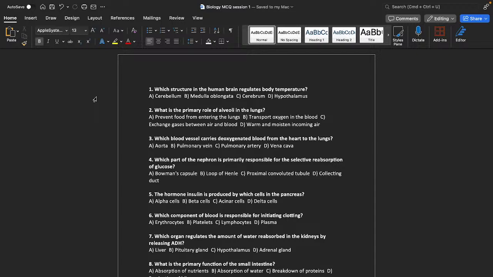Once the blood from the systemic circulation comes into the right atrium, from the right atrium it moves to the right ventricle. From the right ventricle it then moves on to the lungs where it gets oxygenated, and then it returns to the left atrium and finally into the left ventricle.